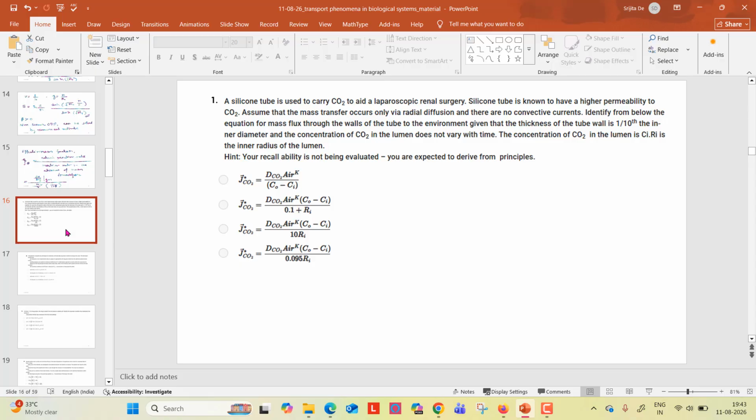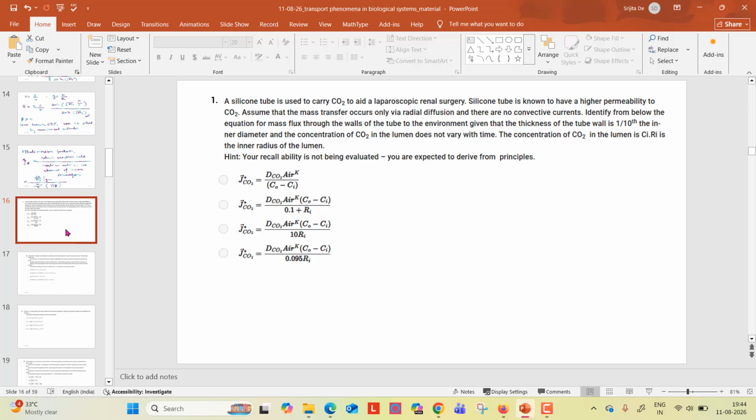A silicon tube is used to carry CO2 to aid a laparoscopic renal surgery. Silicon tube is known to have a higher permeability to CO2. Assume that the mass transfer occurs only via radial diffusion and there are no convective currents.